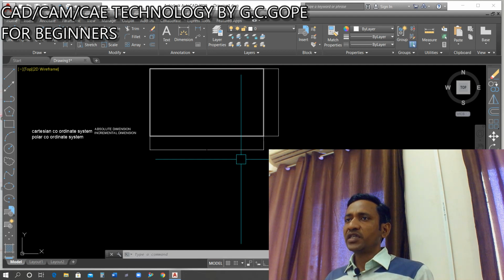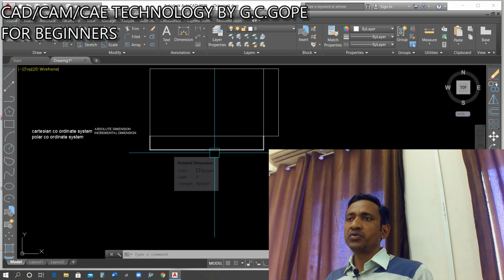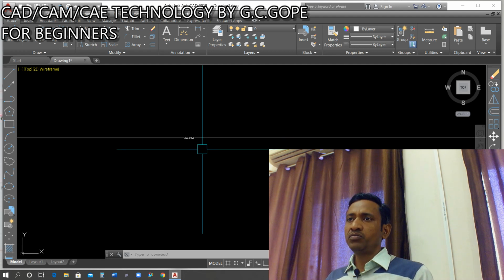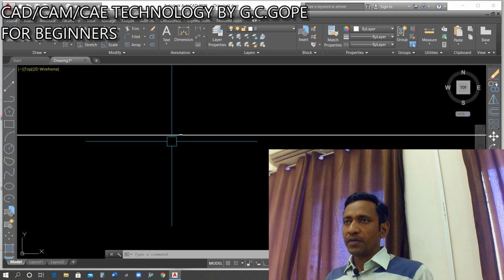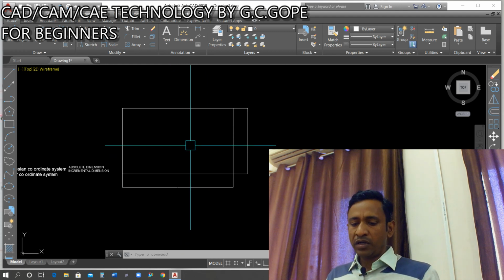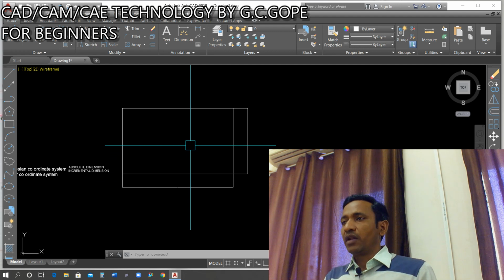Many times such types of issue occur with students that they take the dimension but the dimension is not visible, until we zoom. To sort out this problem we have one command, that is dim scale. Whenever such a problem occurs, you can use dim scale.